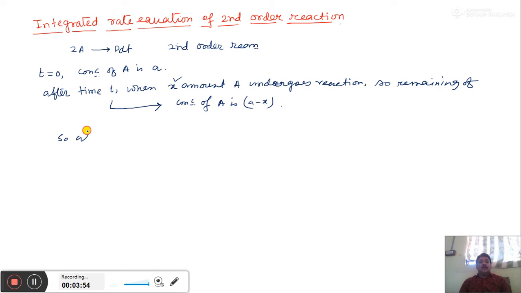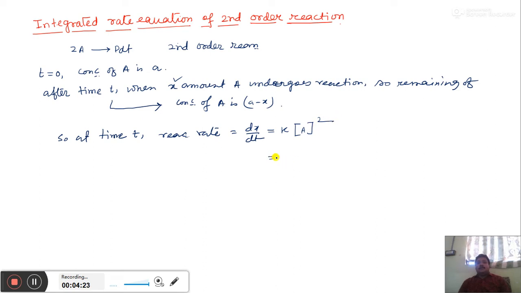So at time t, the reaction rate dx/dt is equal to k into molar concentration of A whole to the power 2.